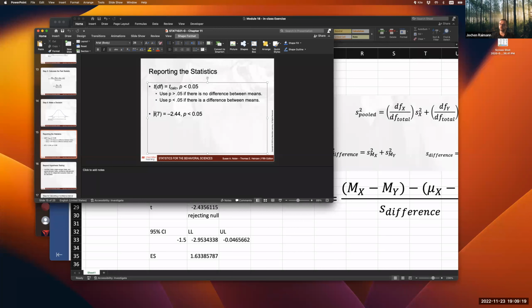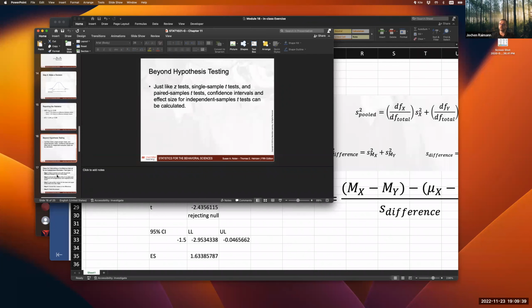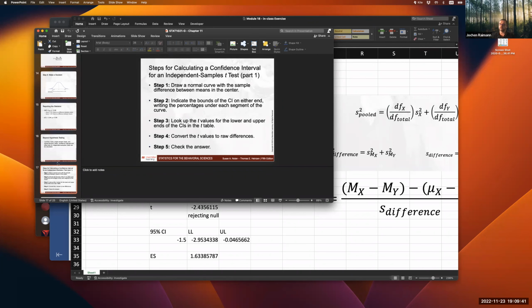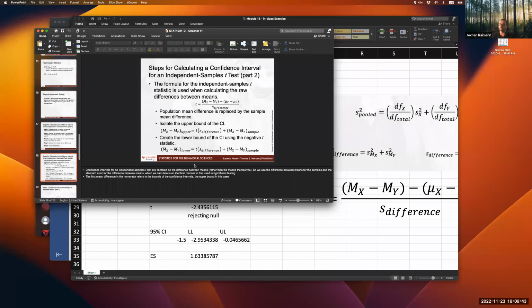You report the t-score with the degrees of freedom in parentheses. You state the respective t-score, which is minus 2.44. As we've calculated, its p-value is smaller than 5%. We know that. And then we go on to calculate our 95% confidence interval, as we've calculated it here.